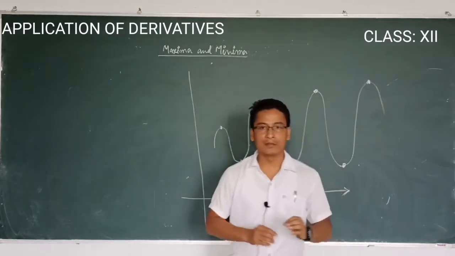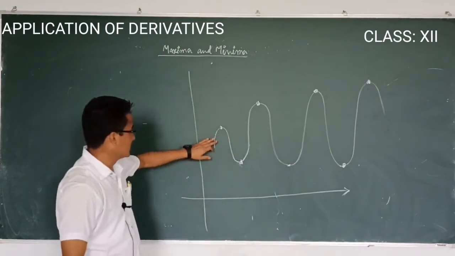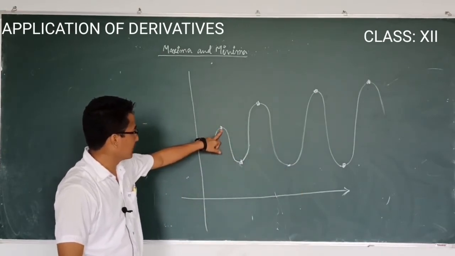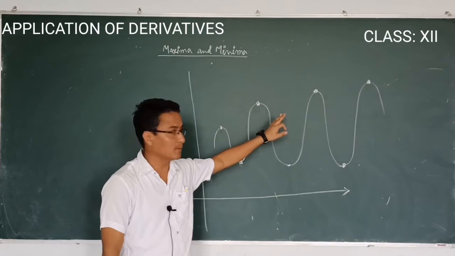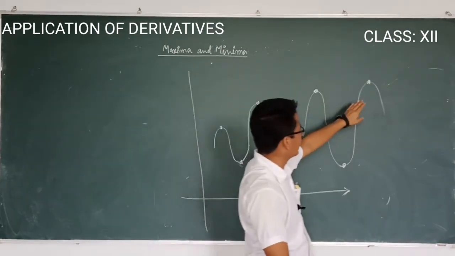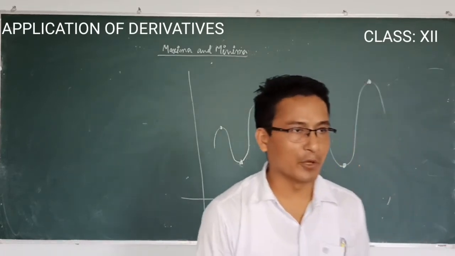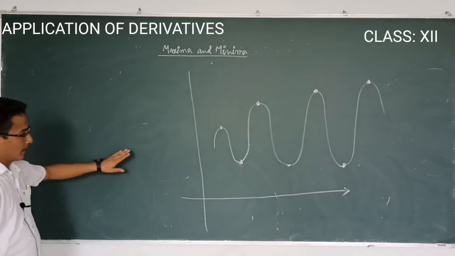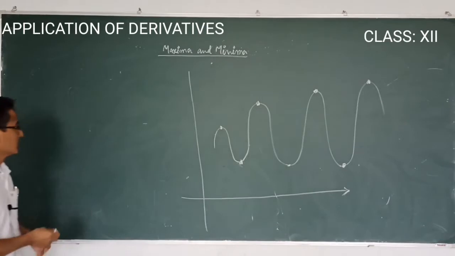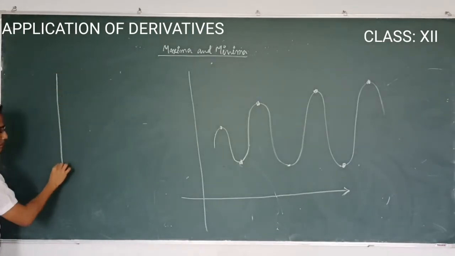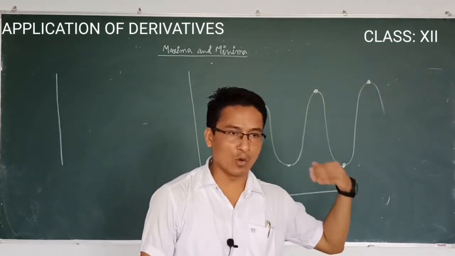You see this is the lowest one, so this is absolute minima, and the curve is in this way. Here these points we consider as local maxima, and this one is the absolute maximum point, and this is the absolute minimum point. So I hope you understand.